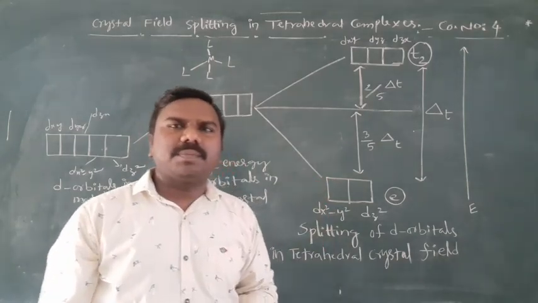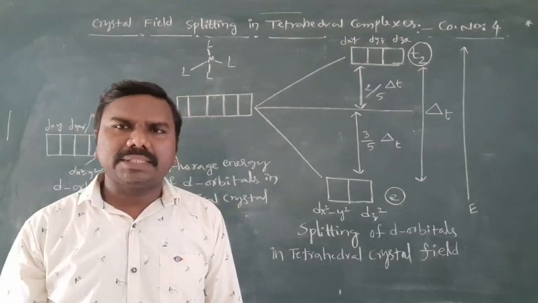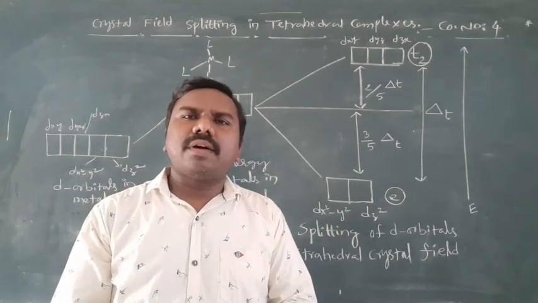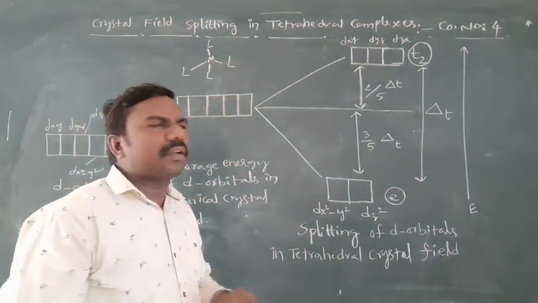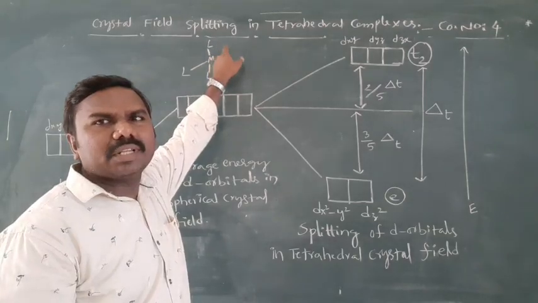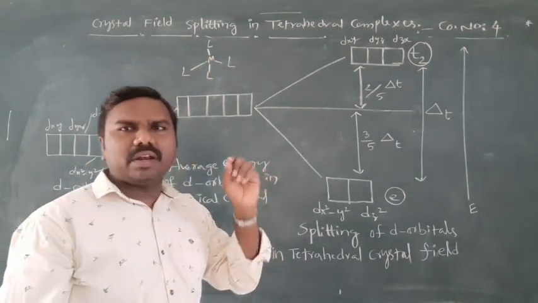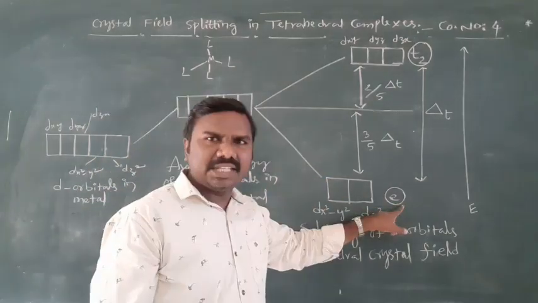the subscript g is used only for octahedral and square planar complexes, in which there is a center of symmetry. But there is no center of symmetry in tetrahedral complexes. That's why we are not using the subscript g. Clear?